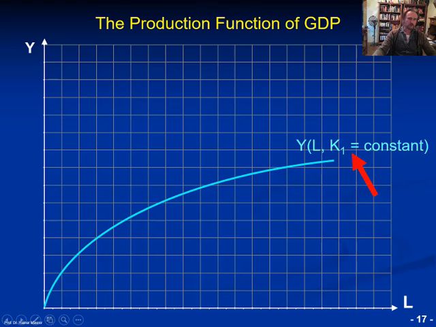The assumption of a normal production relationship between labor and capital implies that it is not possible to produce anything without labor. So the production function starts here in the 0 point of the diagram.